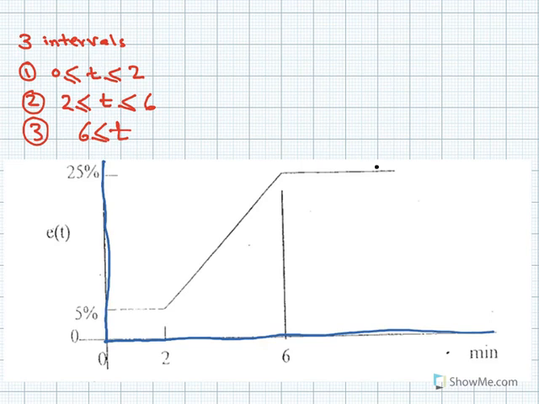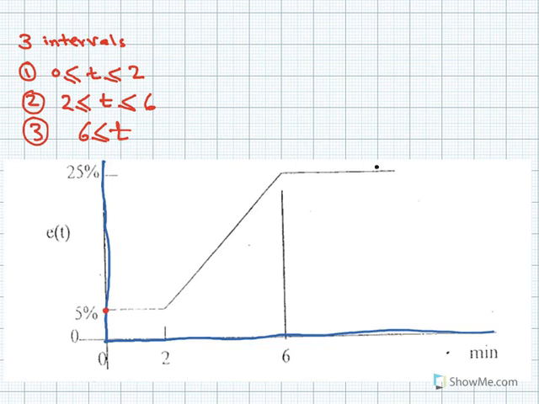The main point here is to find how many intervals we have. So in this graph we have 3 intervals.